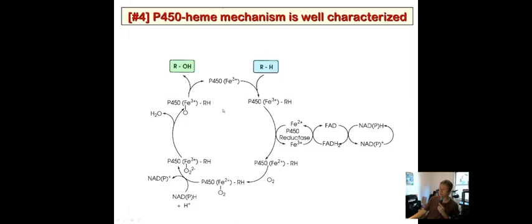So there's more detail to this mechanism, but this kind of shows how some of the cofactors are involved, like NADH and NADPH, how oxygen is involved, and how ultimately the substrate is converted to the product. And this is probably okay to understand a little bit without going into the details of this mechanism. I think the detailed mechanism is a little crazier.